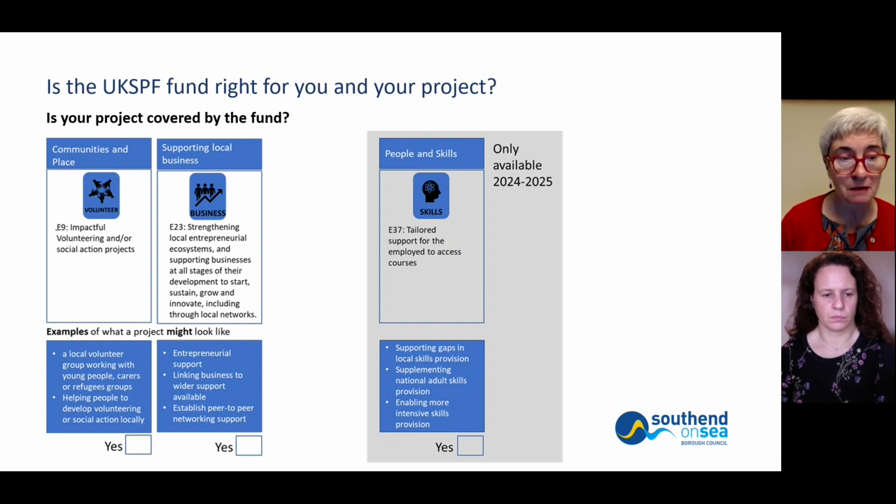So E9, impactful volunteering within communities in place, and supporting local business, E23, strengthening local entrepreneurial ecosystems. Your project will need to fit within these 2 different concepts. And there are examples there that government have provided of what these might look like.